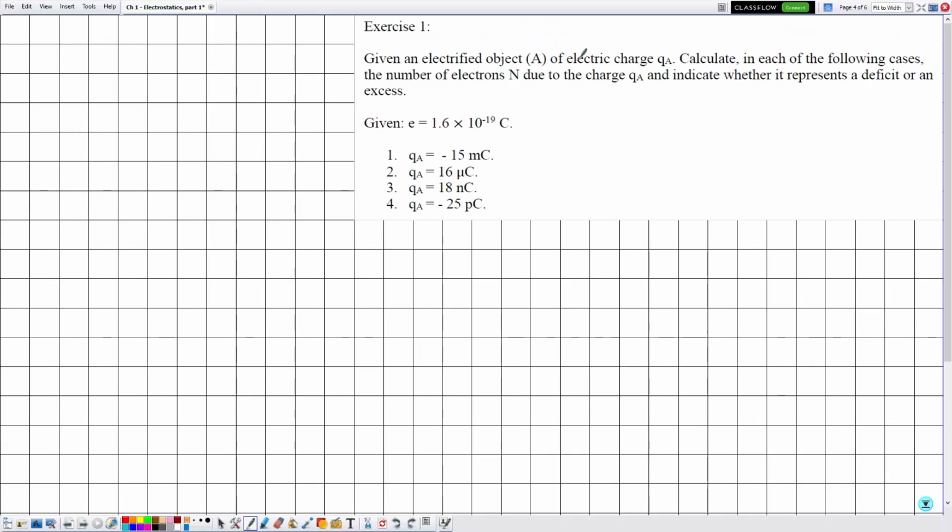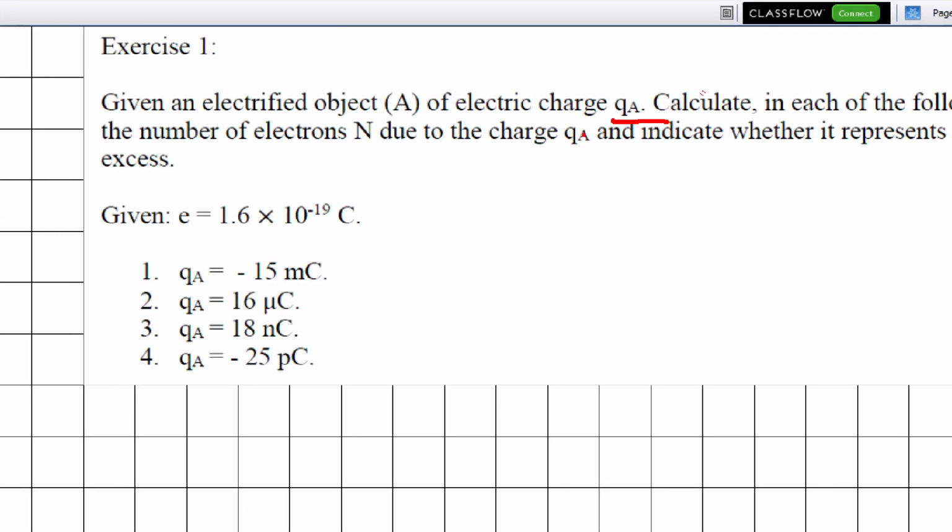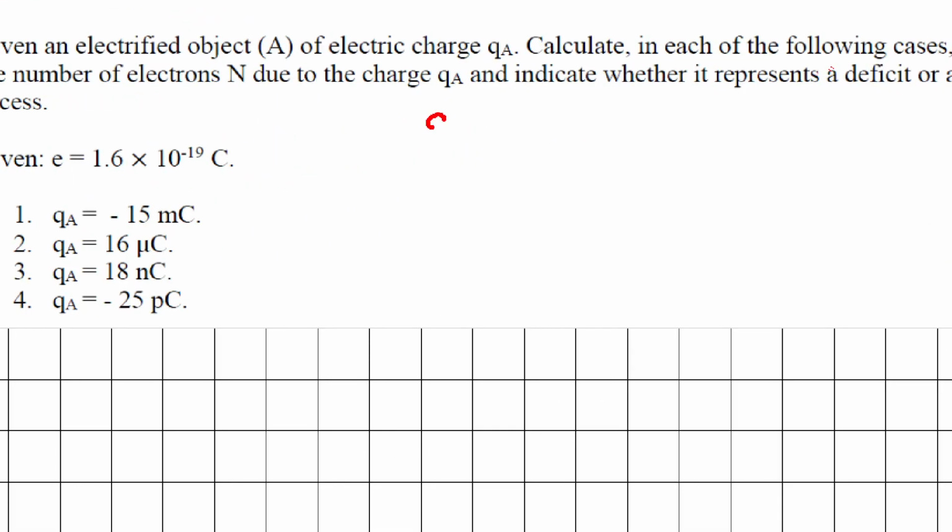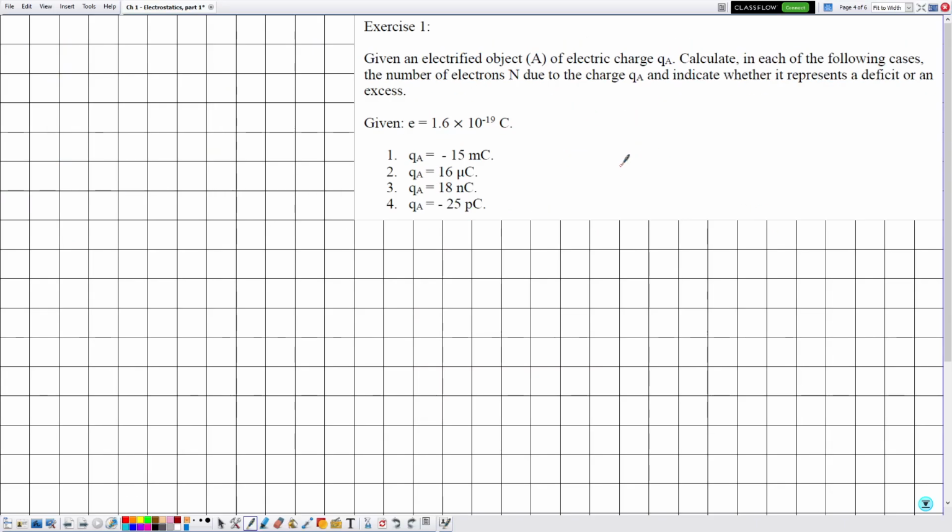So basically we want to determine the value of N given the value of Q. We know that Q equals N multiplied by e. Now we can find the value of N, then N is given by Q divided by e. In addition to the calculation of N, we need to determine whether it's a deficit or an excess.